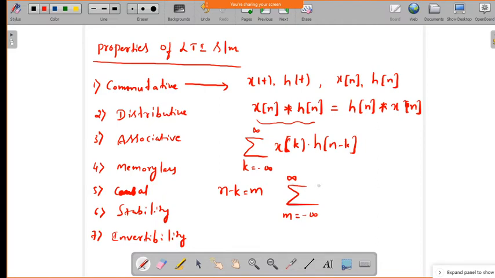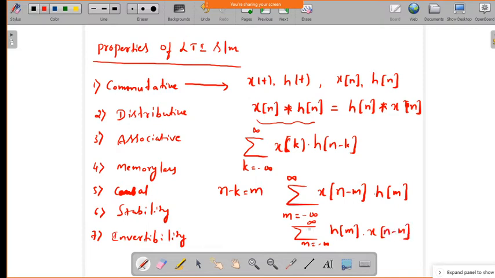Replacing k with n minus m, we get x of n minus m into h of m. Now exchange the impulse response and the input signal, so you get summation m equal to minus infinity to plus infinity of h of m into x of n minus m.